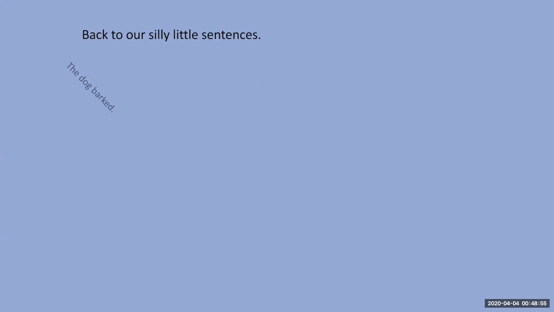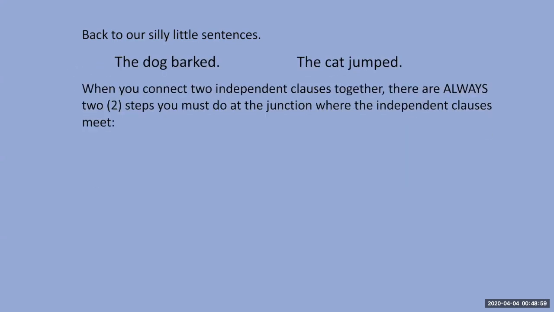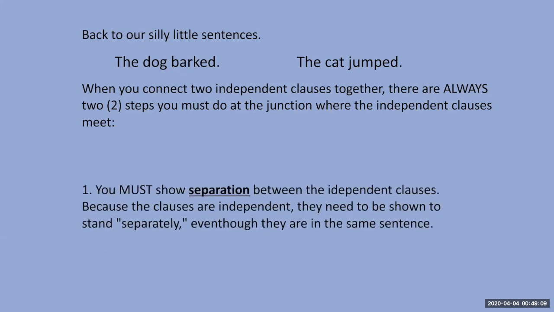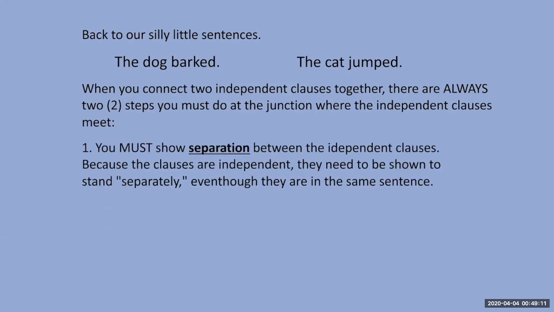Back to our silly little sentences. The dog barked and the cat jumped. When you connect 2 independent clauses together, there are always 2 steps you must do at the junction where the independent clauses meet. 1, you must show separation between the independent clauses.